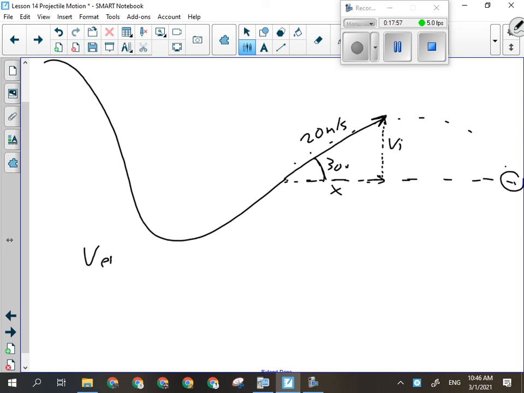They break this up into its vertical and horizontal parts. From a vertical perspective, right now I know for sure that the acceleration is 9.81 meters per second squared down. Everything else I have to calculate.